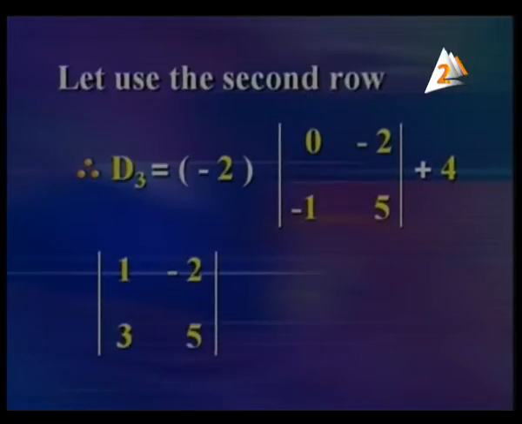Multiply the cofactor of 4: 1, negative 2, 3, 5, multiplied by the determinant 1, 0, 3, negative 1.